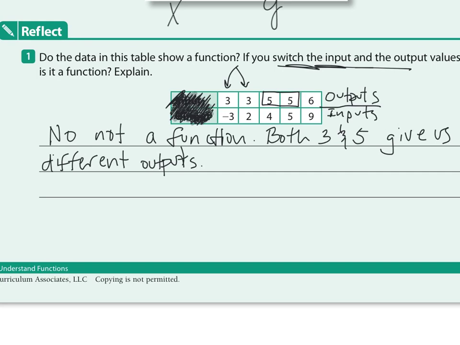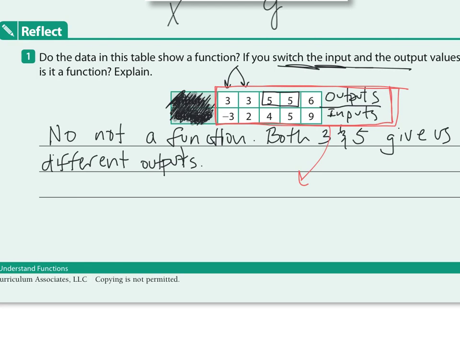Do we have a function now? So 9 and 5 and 4 and 2 and -3 are all my inputs. Well, do any of those numbers repeat? Nope. 9, 5, 4, 2, -3. Those are all fine. So if we just look at this one, absolutely we have a function.